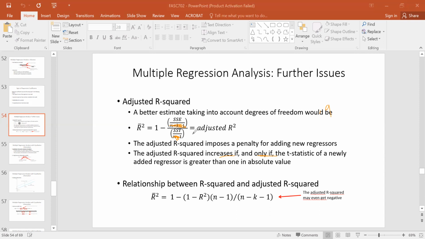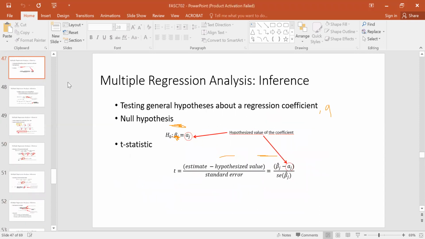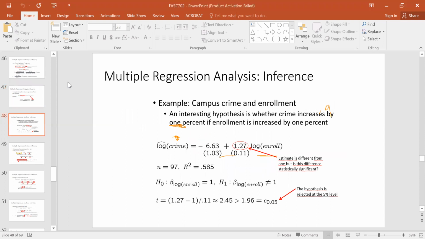But the R square we talked about last week can go up artificially. Let me go back to this example, for the sake of those who weren't here. We report 58.5%, so 58.5% of the variation in log crime is explained by the variation in log enrollment.